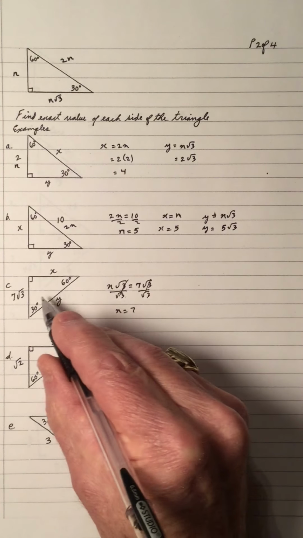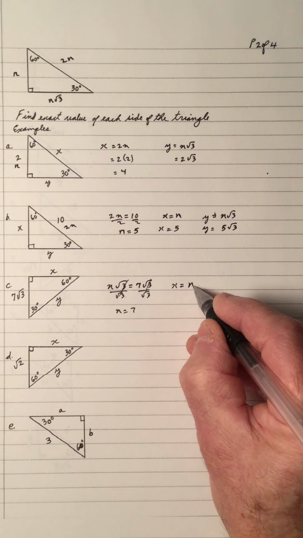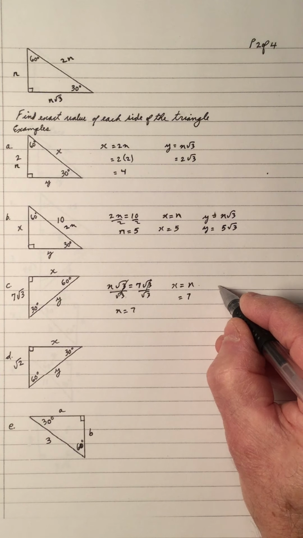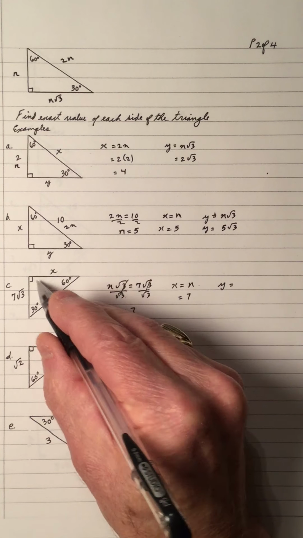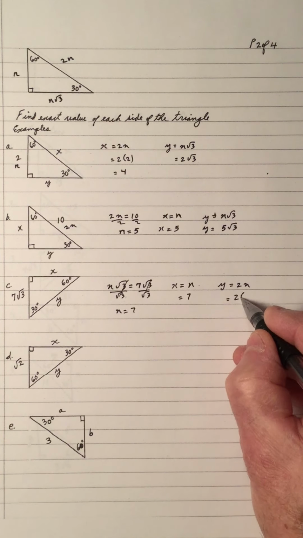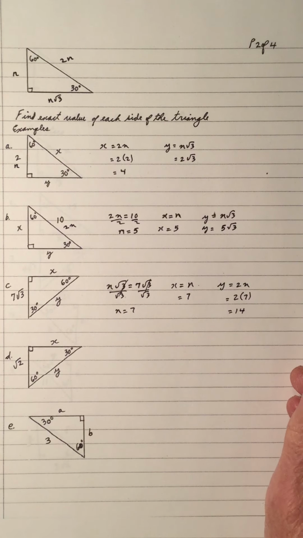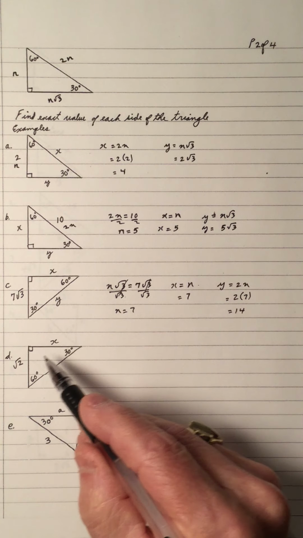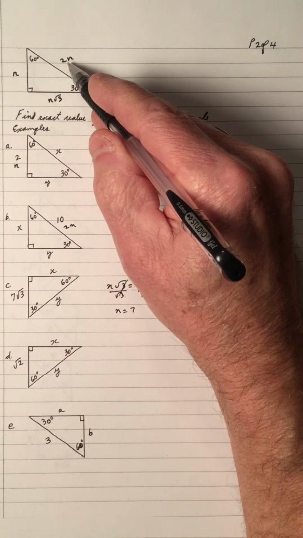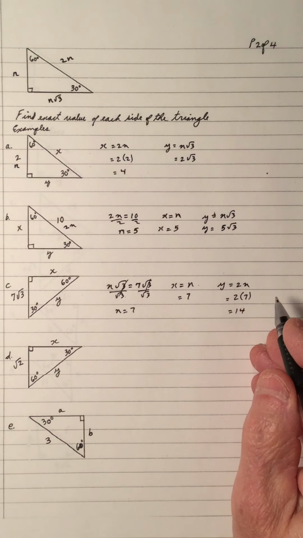So if n is 7, x is opposite 30, so x is n, which is 7. And y is opposite to 90, so y is 2n. N is 7, so 2 times 7 is 14. Notice what I do: I substitute whatever value I know, set it equal to n, 2n, or n root 3, and then I work out the other ones.